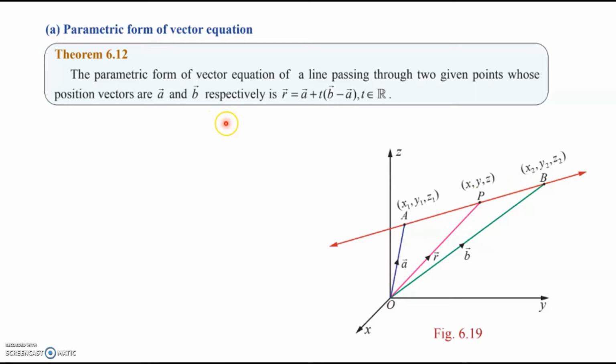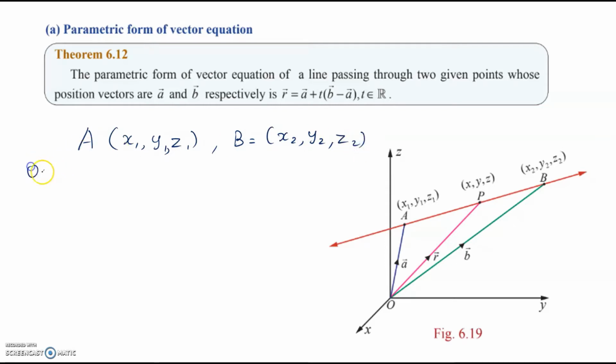Now, let me illustrate this for you. Our point A is x1, y1, z1, and the point B is x2, y2, z2.